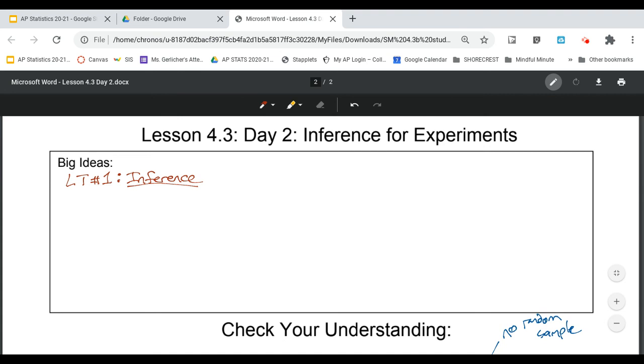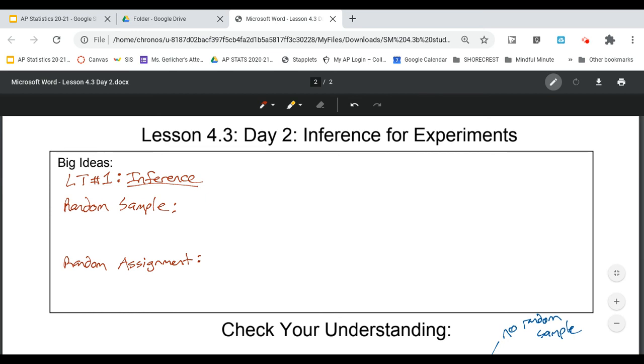Okay, so part of the goal today is to talk about the two different random things we've learned in this chapter and kind of making sense of how they're different and how they're the same. So we spent a lot of time talking about random samples, which is different than random assignment. So we had random samples and random assignment.